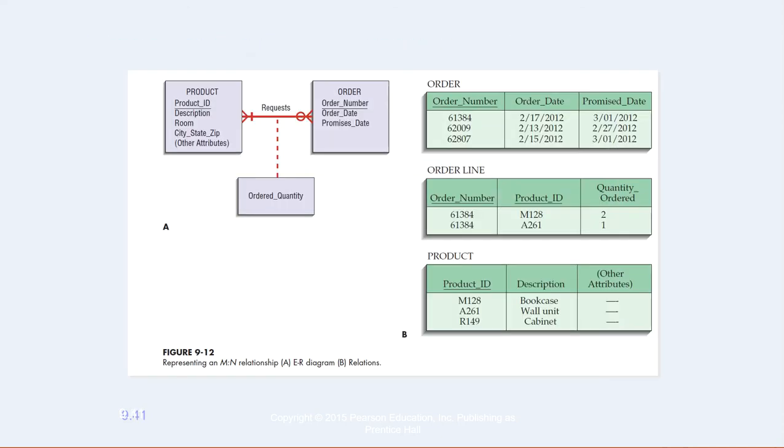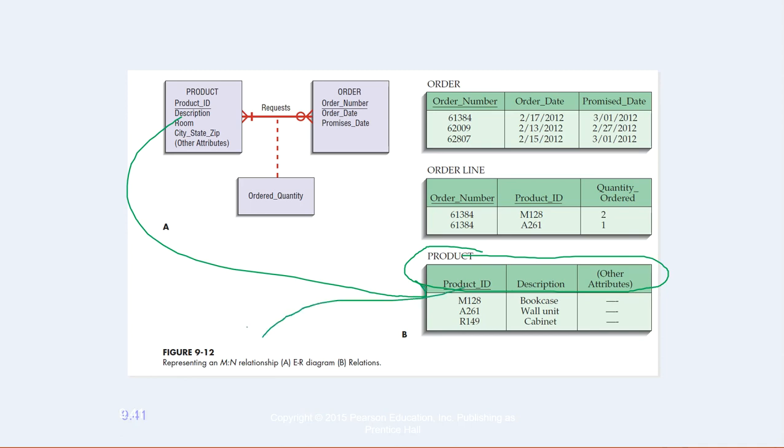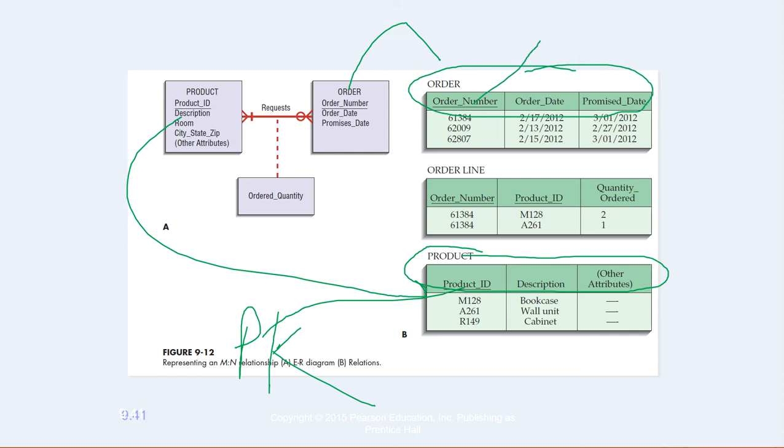If you have a many-to-many relationship with each other, like how you did in your chapter number 7, we take care of that in the relational model. The first thing you will do is create a relation for product, which is right there. You have all those attributes there, and product ID is your primary key. You create one relation for order like that, and order number is your primary key.